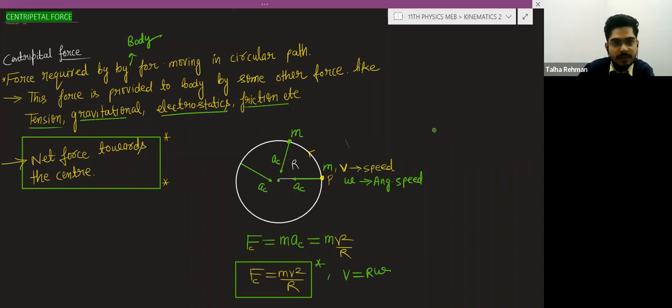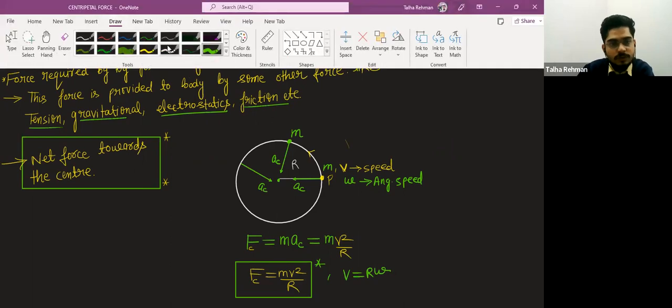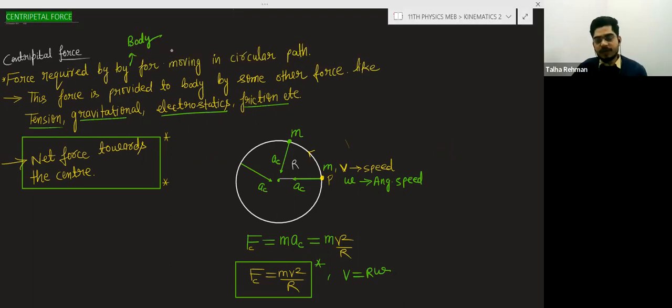Basically, here we are discussing the dynamics of circular motion. Dynamics means when we are talking about the cause of the motion. So that is known as the dynamics of circular motion.